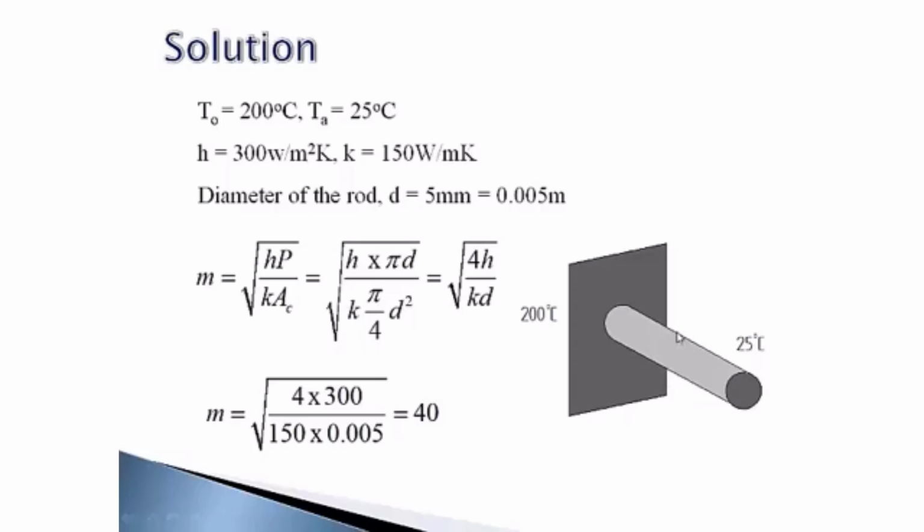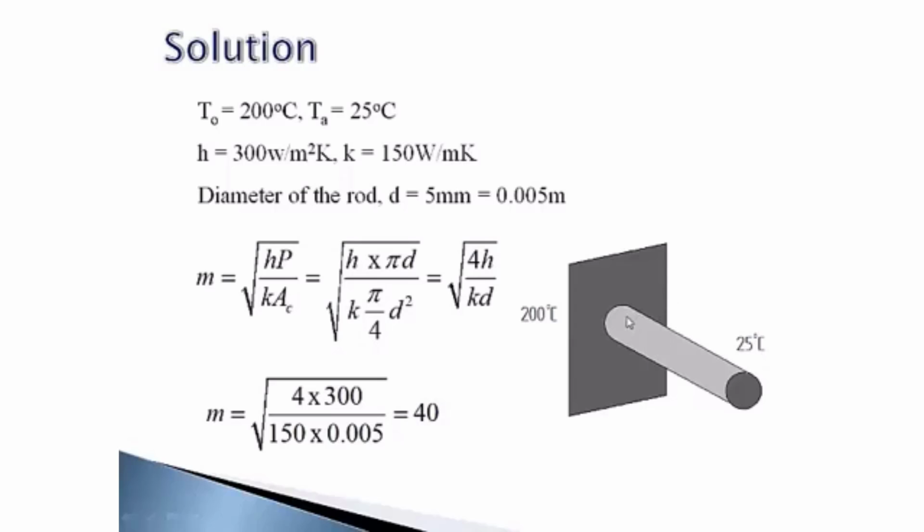Convection takes place because of the temperature difference. Because the temperature on the surface of the fin is 200, almost close to the base temperature, and ambient is 25, there is a difference. And this difference in temperature causes heat to convect from the surface to the surrounding.